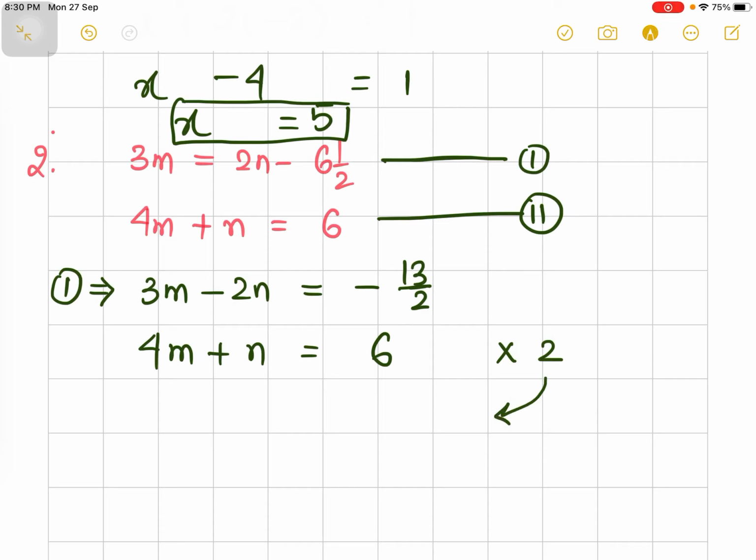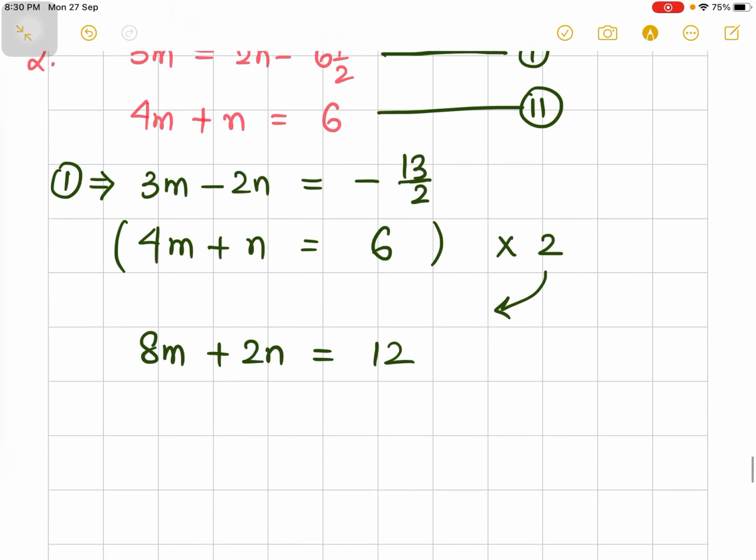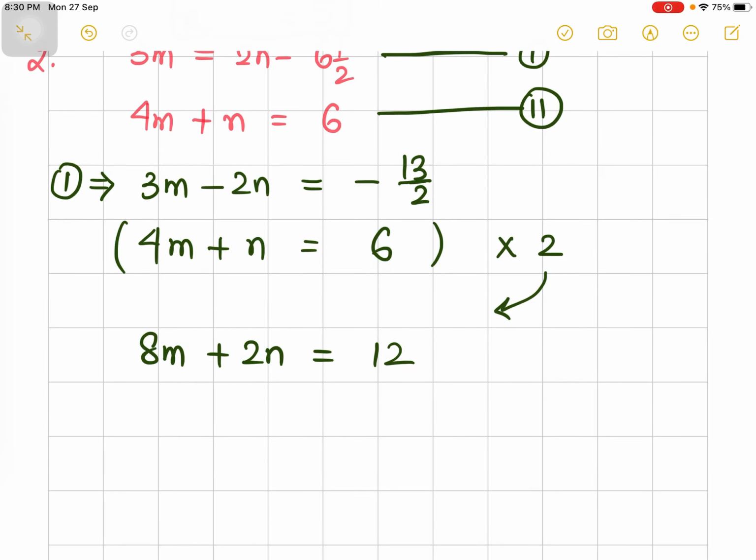So what will we get from here? If you multiply this entire equation by 2, you will have 8m plus 2n equal to 12. And again write the first equation below this. So the first equation was 3m minus 2n equal to negative 13 by 2.